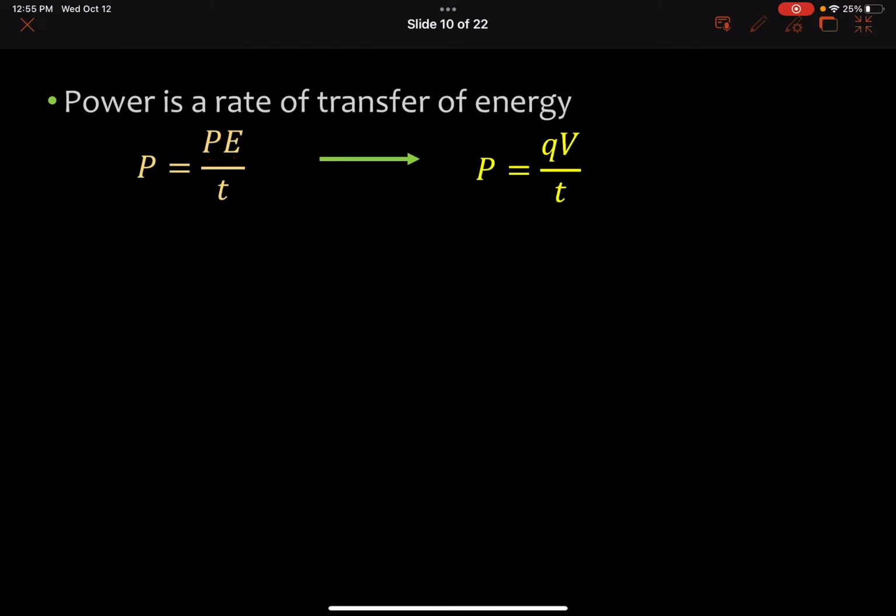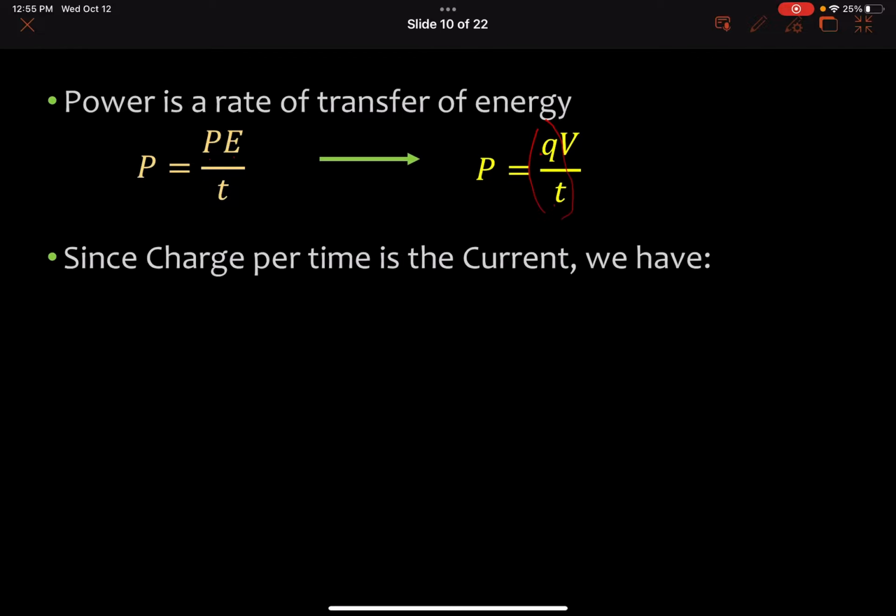So if you look at this charge over time right here, that is actually representing the current. So since the charge per time is current, we have P equals IV. So please add this to your equation sheet. Power is equal to the current times voltage.